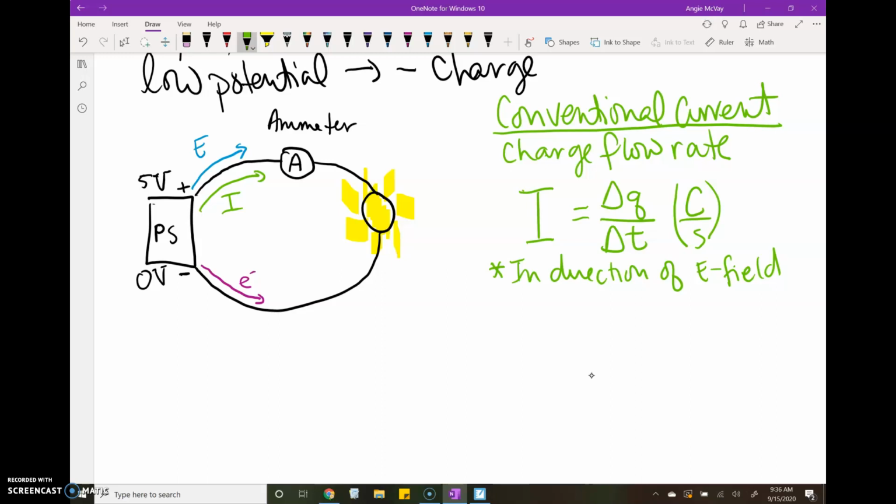Because electrons are the thing that is flowing. Protons are not flowing in the wire, but current by convention is drawn in the direction of an electric field. That's just because Ben Franklin, when he defined conventional current, didn't know whether it's positive or negative charge flowing, so he just defined it as one direction.